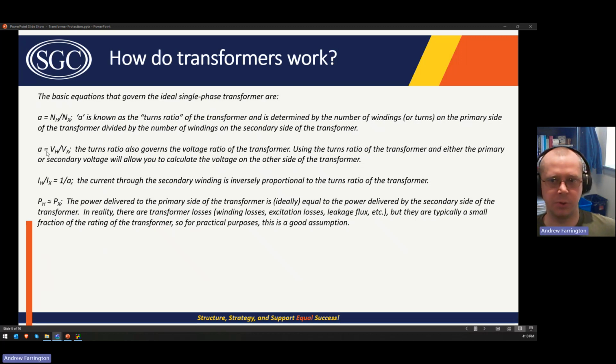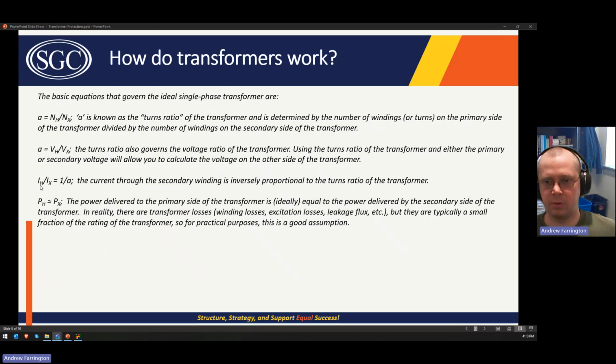A is also equal to the voltage on the high side of the transformer divided by the voltage on the low side, so these two numbers are equivalent. If you have one winding on the high voltage side and one winding on the low voltage side, the turns ratio is 1. If you put in 5 volts on the high side, you'd get out 5 volts on the low side. So those are just correlated linearly.